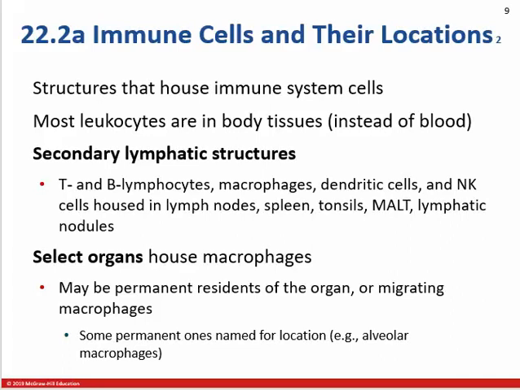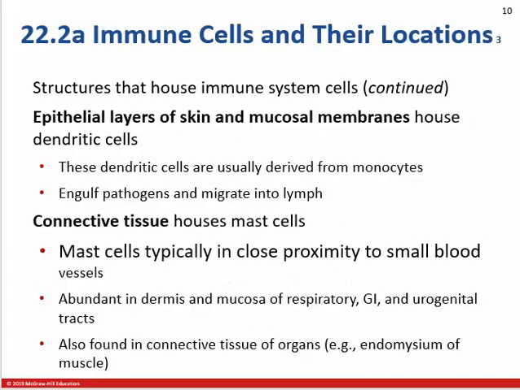So it gives them room to work. We call these structures secondary structures. The primary structures are the bone marrow that gives rise to these cells, and the thymus, which makes them immunocompetent. We'll just leave that at that.